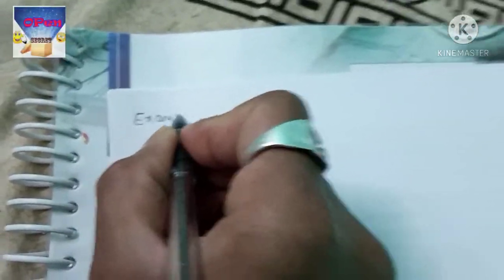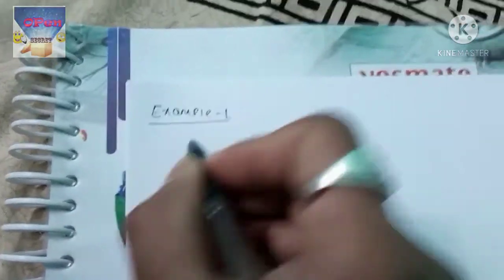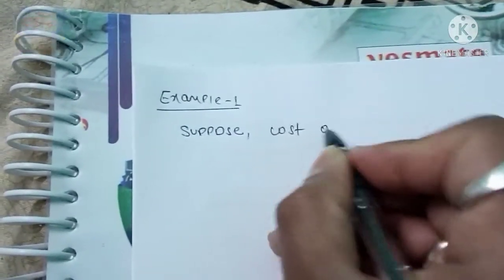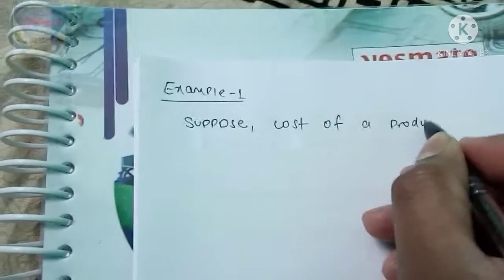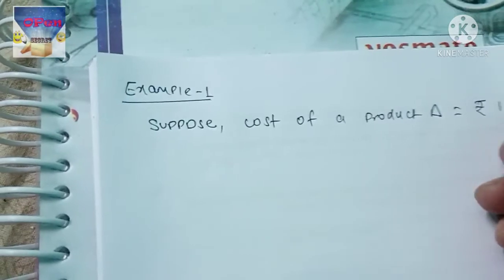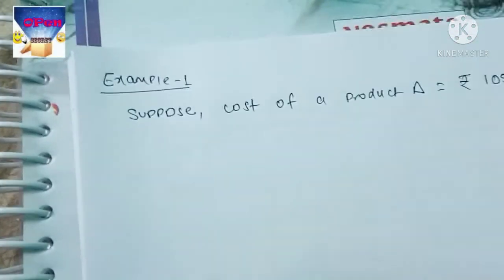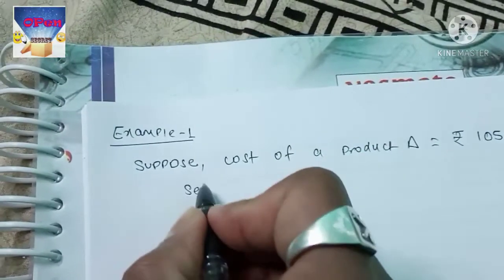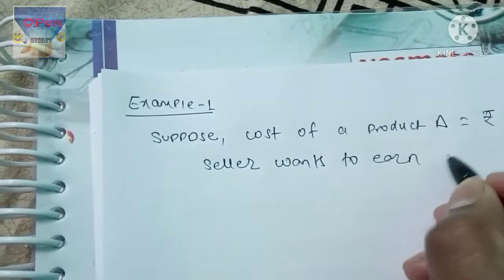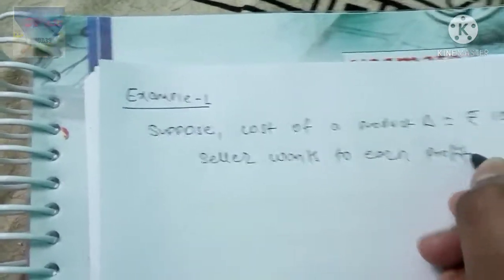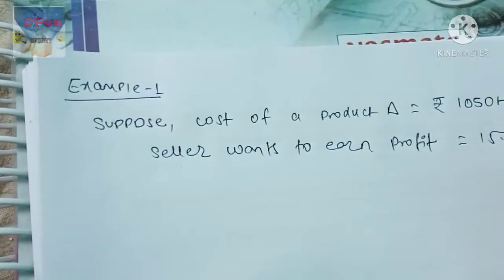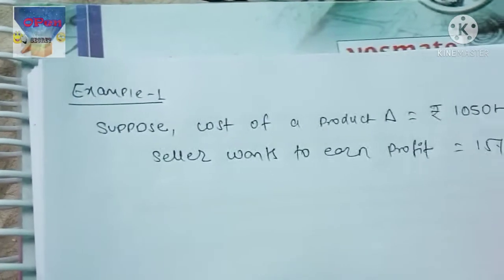Example 1. Suppose the cost of a product A is equal to rupees 1050 and the seller wants to earn a profit equal to 15% on selling price.